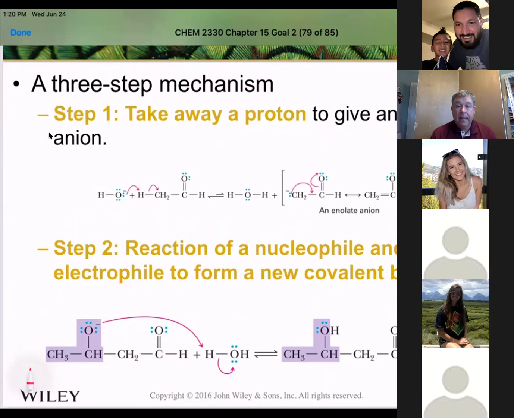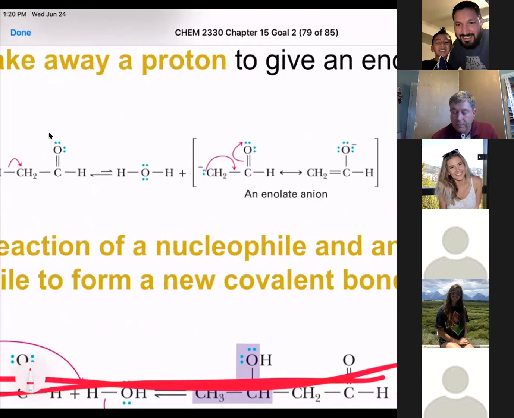The next thing that happens is our enolate ion will react with the carbonyl carbon. This is the wrong structure, I'm sorry. Let me just draw it over here.